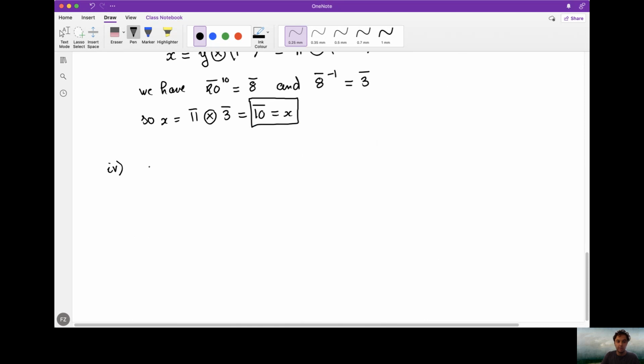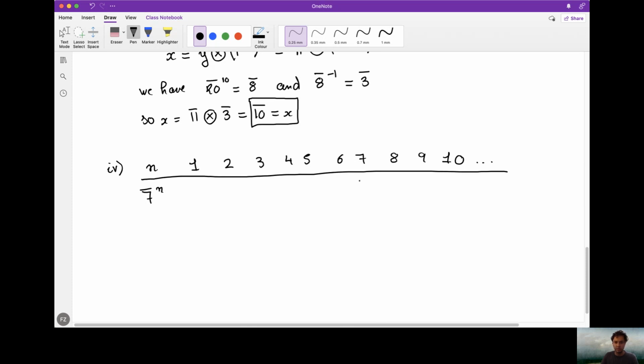So we just take n and we'll compute all powers 1, 2, 3, 4, 5, 6, 7, 8, 9, 10, and so on. Let's see if that's enough. All powers of 7, and we'll stop whenever we see 15 appearing in the table, okay? And that will give us the private key.